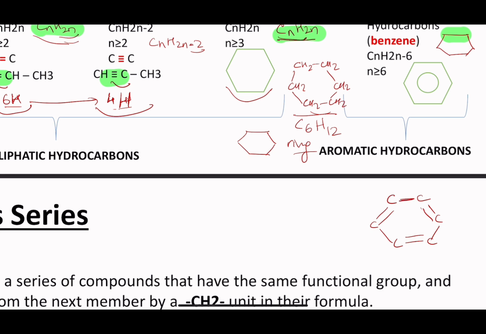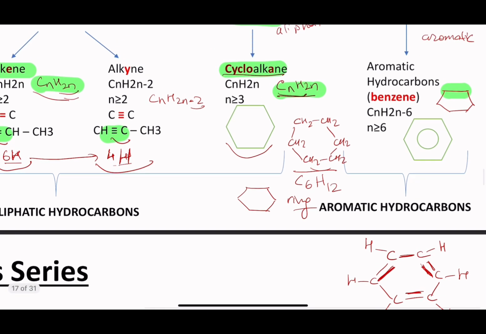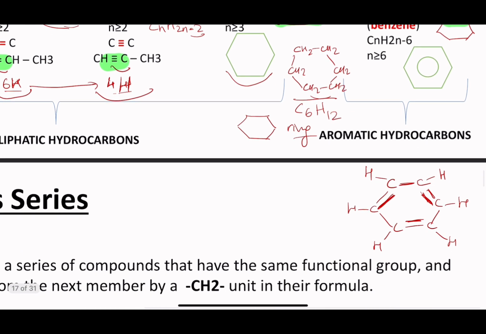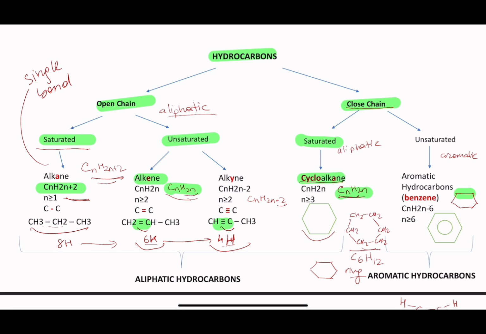So I told you carbon can have 4 bonds, so the rest I'm gonna fill with hydrogens. And then this is the aromatic one. It has carbons in a ring shape and it has unsaturation because it has 3 double bonds with the 6 carbons. Okay, so we covered this part as well.